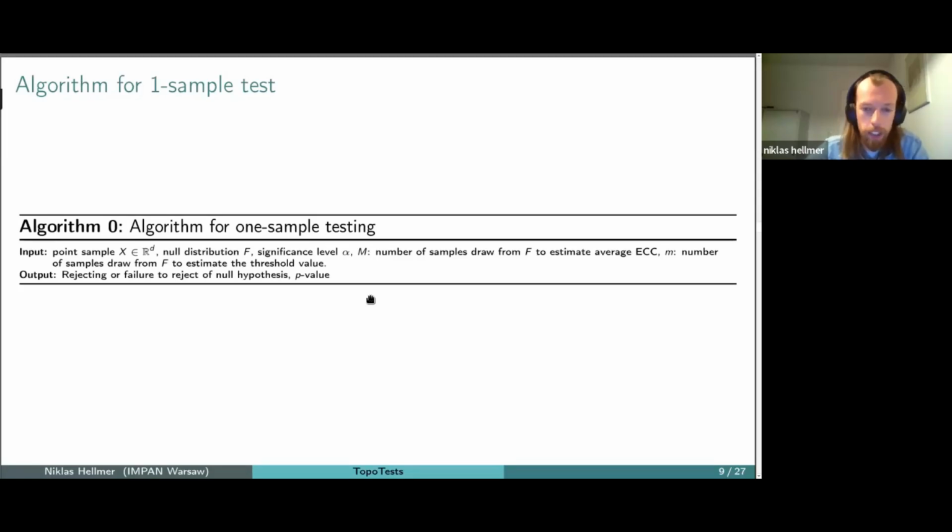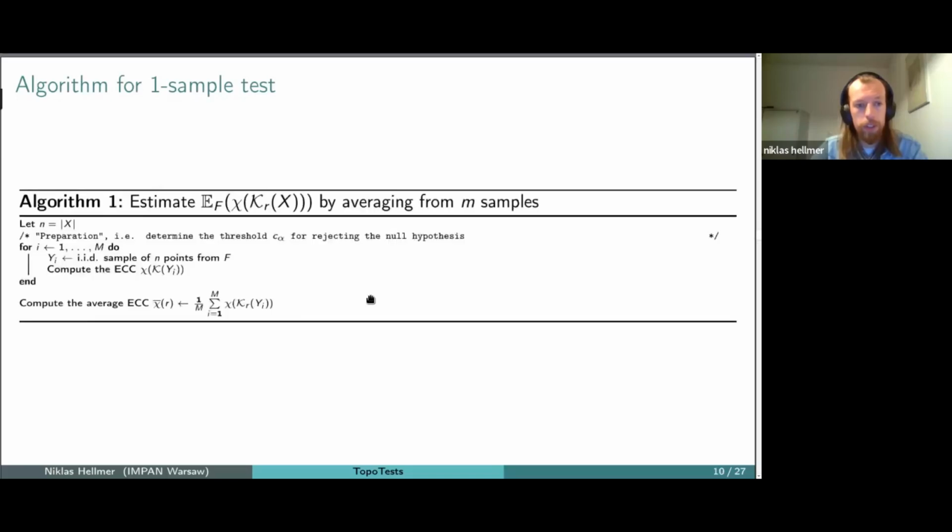We just ask the computer to simulate this for us. Okay, so given an input point sample and a null distribution against which we want to test at a certain significance level, we also have as parameters the number of Monte Carlo iterations, basically. And then the output of our algorithm will be the decision whether to reject the null hypothesis and the p-value.